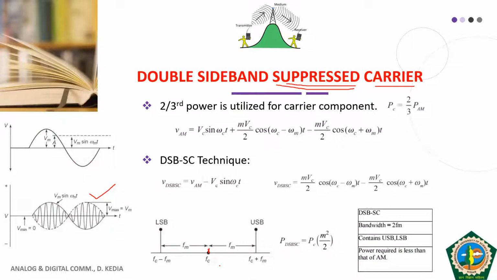So we cannot remove the carrier 100%. We require traces of carrier, but the majority of the power that we were consuming in the carrier has now been saved. So this is our double sideband suppressed carrier. I hope it is clear to each and every student. Now let us move forward.